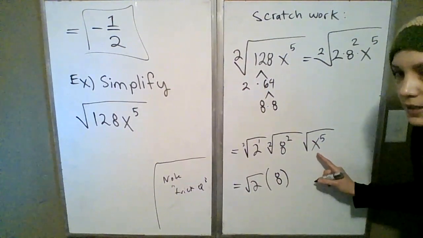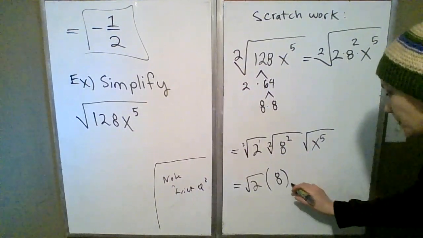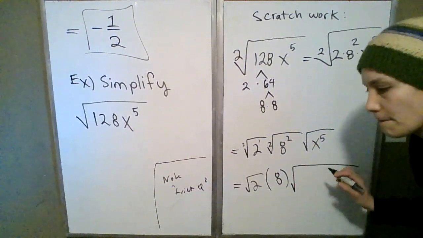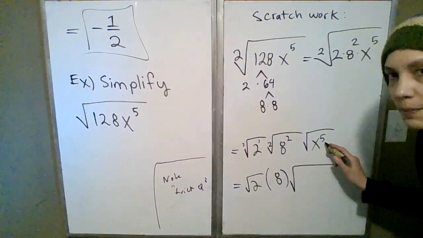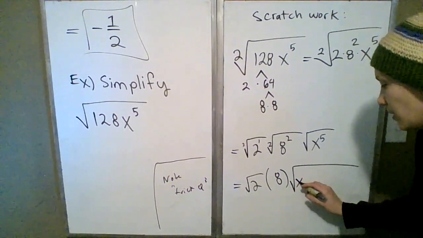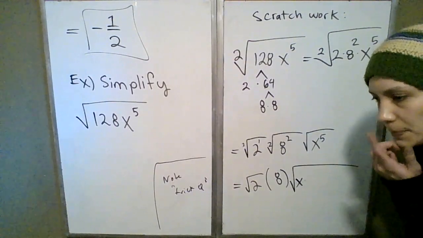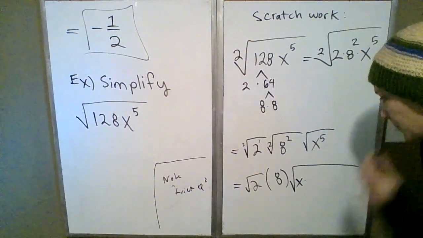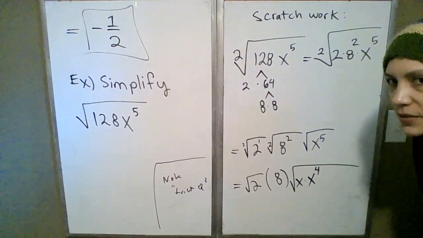And with x to the 5th, I would like to have the root match the power, but it's an even root. So we'll need to take one of these values of x off. Or how else could I explain this? I think that's how I would go, x times x to the 4th.